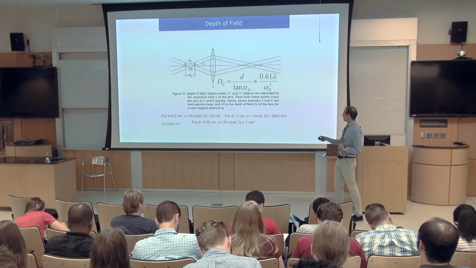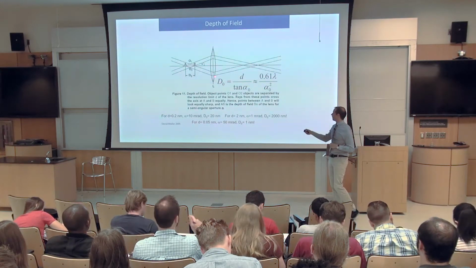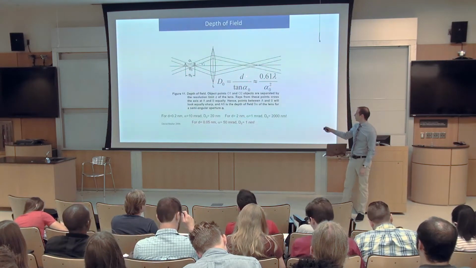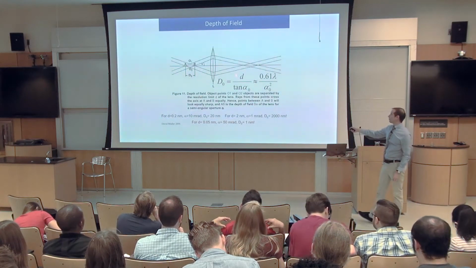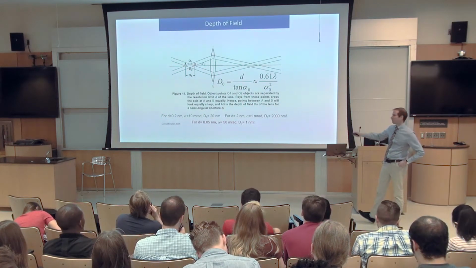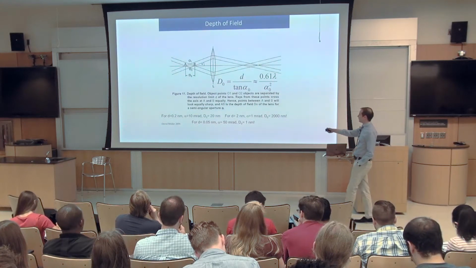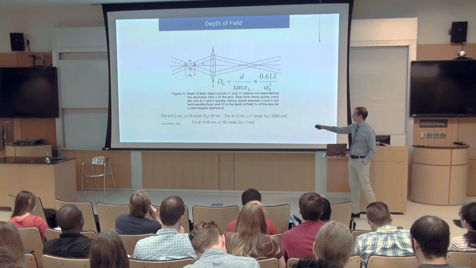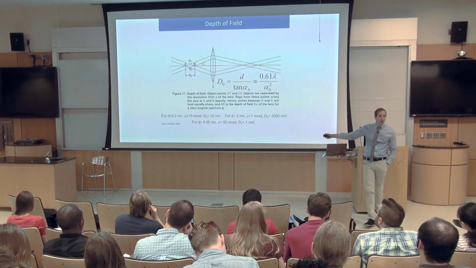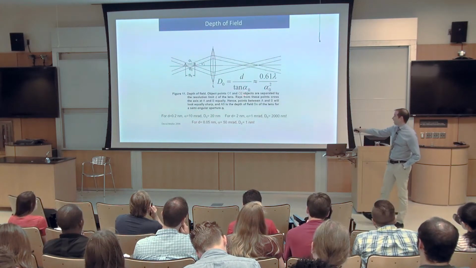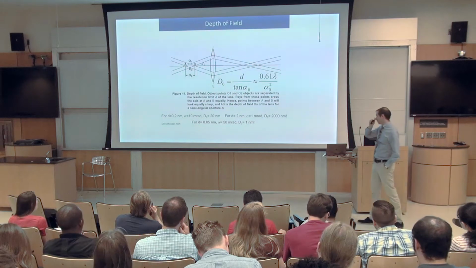So we can define the depth of field as once the blurring has gotten worse than some resolution D that you're trying to obtain. And that broadening we can think of between 2 spaces can be described geometrically as 1 over tan alpha, where alpha is the convergence angle of your lens.